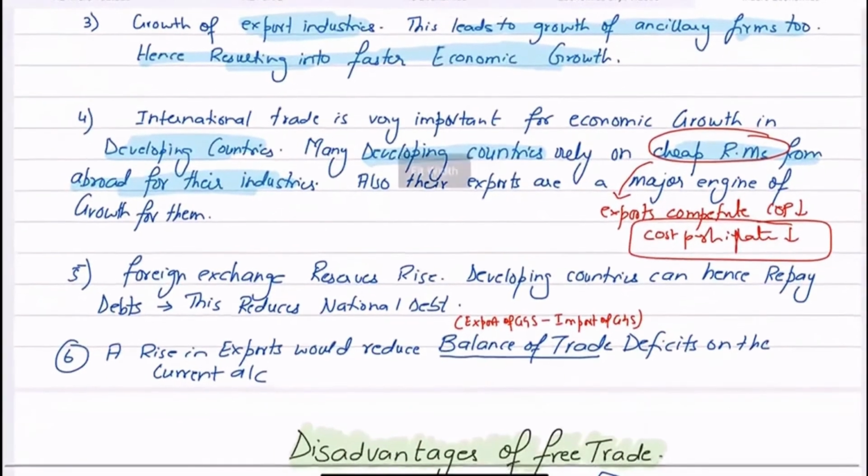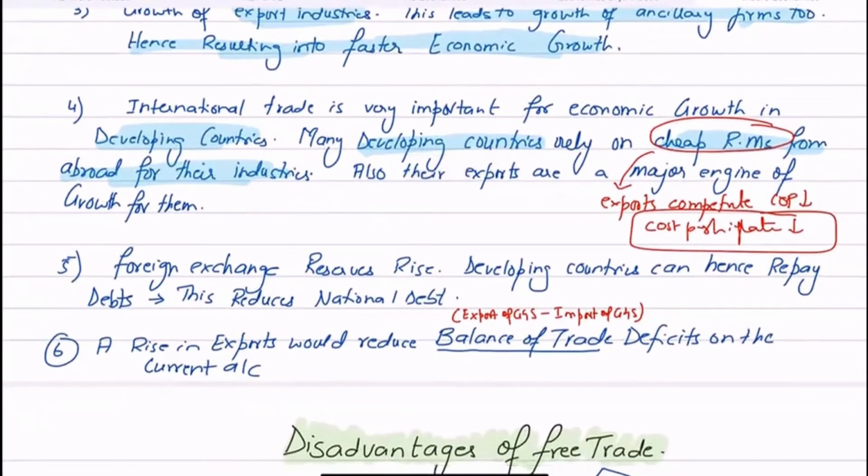So obviously, you can only end up importing cheap raw material if you allow free trade. Because if you don't allow free trade and you impose trade barriers, or maybe you end up banning trade altogether, maybe you're a closed economy, then you cannot import cheap raw material.